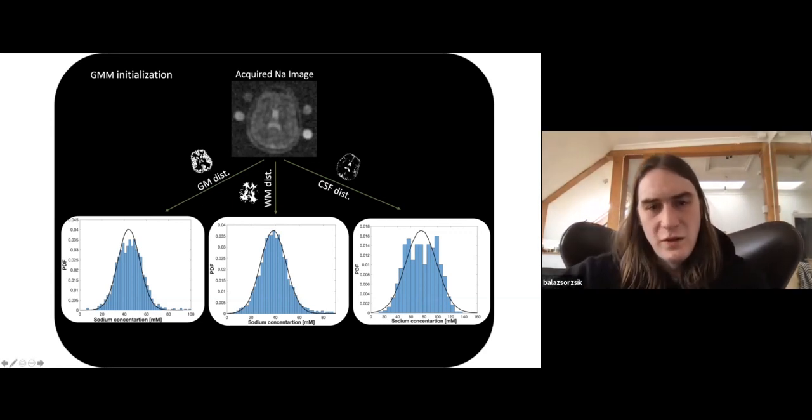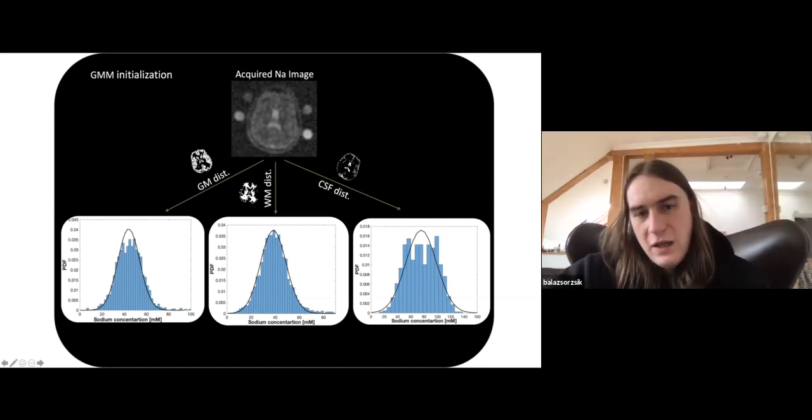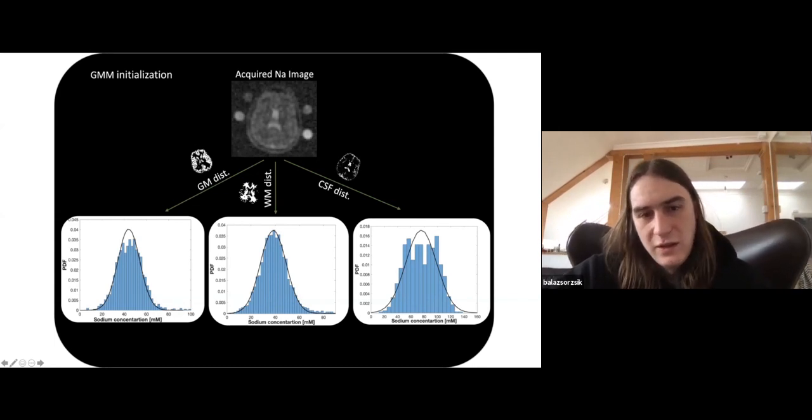So we start off with a sodium image, and we also collect a high resolution anatomical image, a T1 weighted image. We register the anatomical image to the sodium image, and we segment it. Then we threshold the segmented mask, and we build a Gaussian.